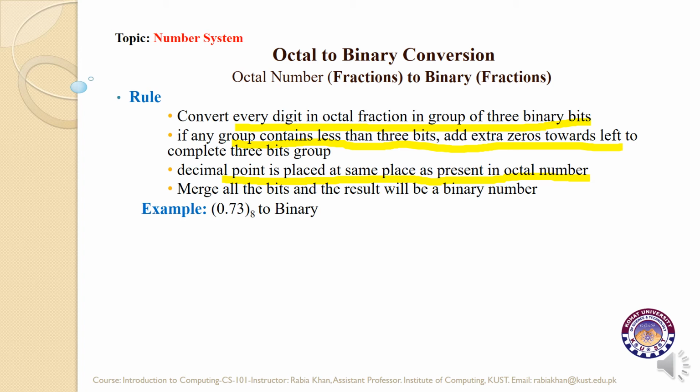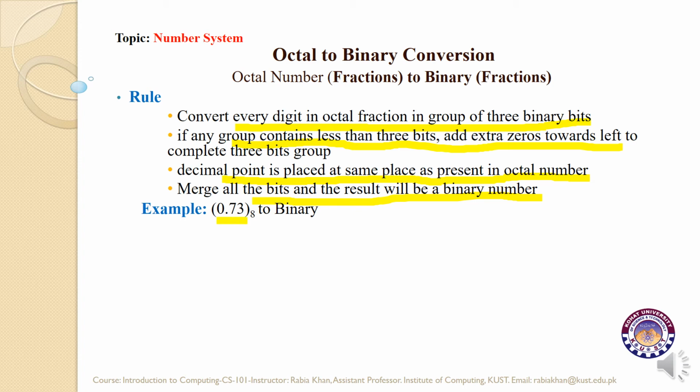You cannot change the position of the decimal point. Then we merge all the bits, and that is the resultant binary number. It's the same technique we just followed; you have to follow it for the fractional part as well, but do not change the position of the decimal point. So here we apply this rule on the given example.